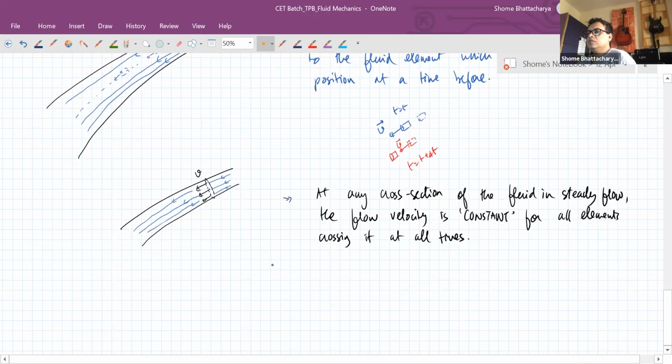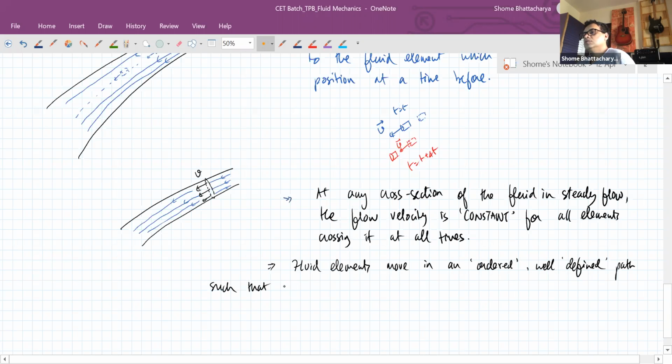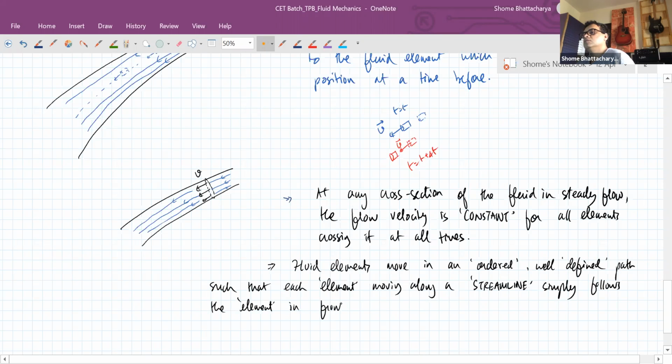So the consequence of this is that fluid elements move in an ordered, well-defined path such that each element moving along a streamline simply follows the element in front of it in identical motion.